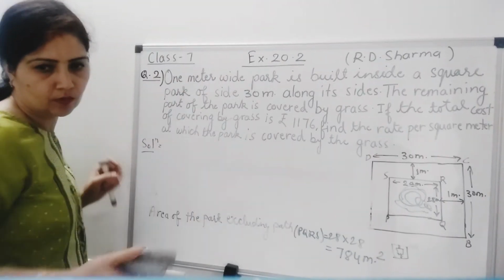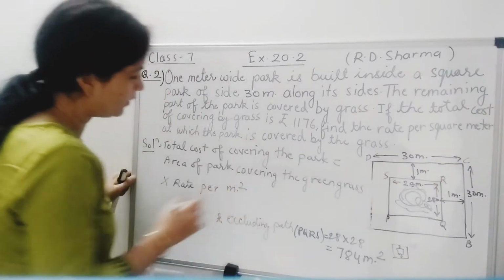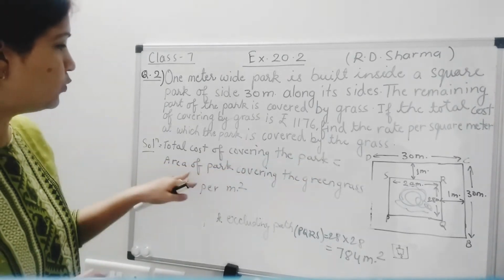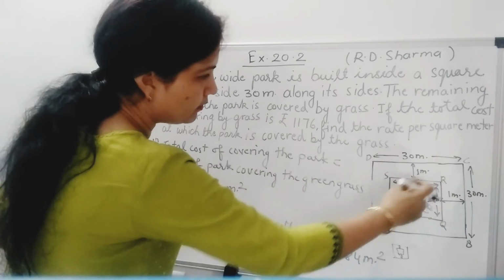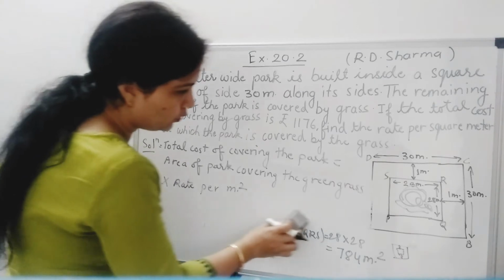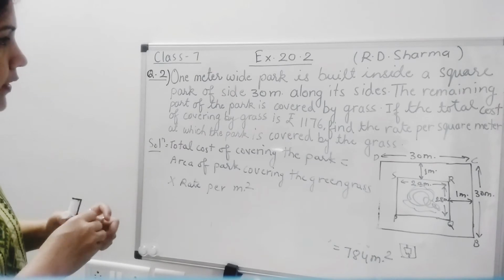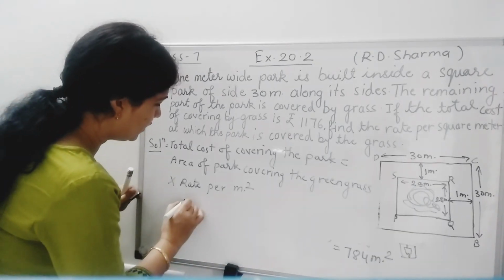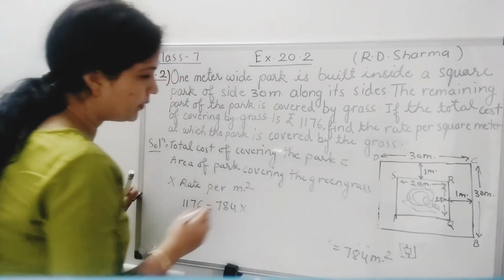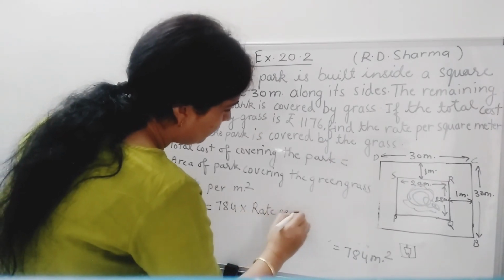So the total cost of covering the park is given. That will be equal to the area of the park covered by green grass, this part's area, times each square meter's rate. We know the total money is 1176. So 1176 is equal to the area we have found, 784, times the rate per meter square.